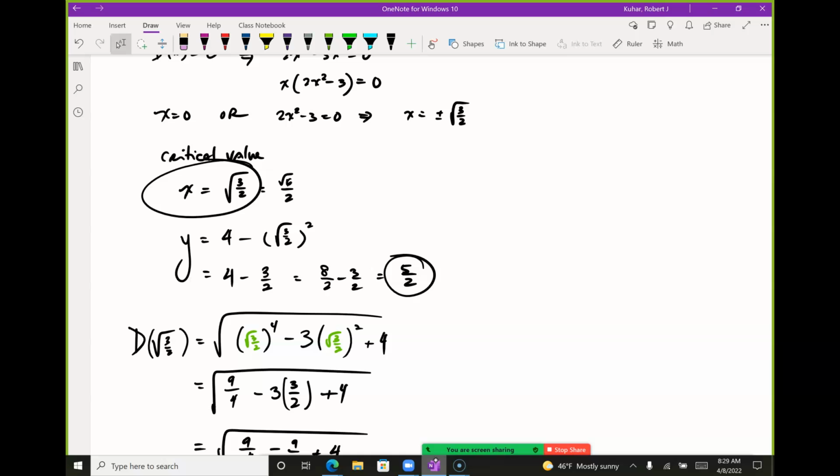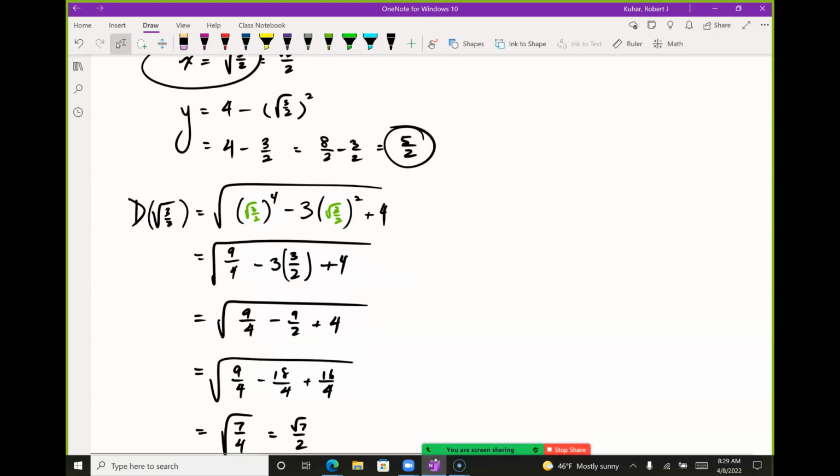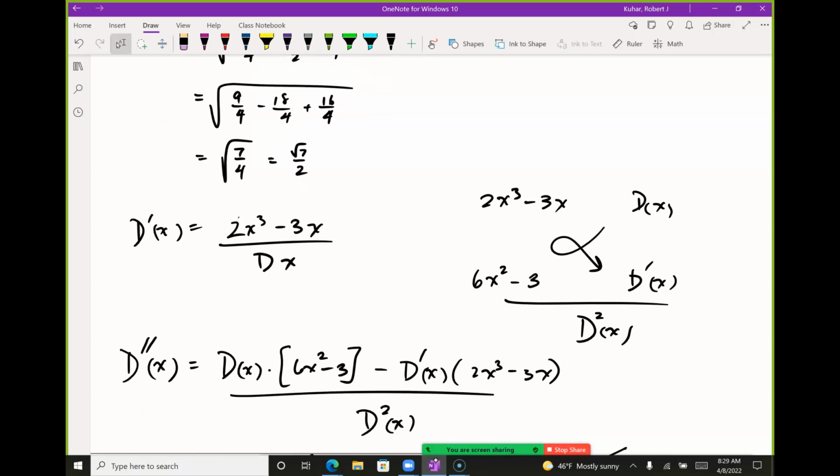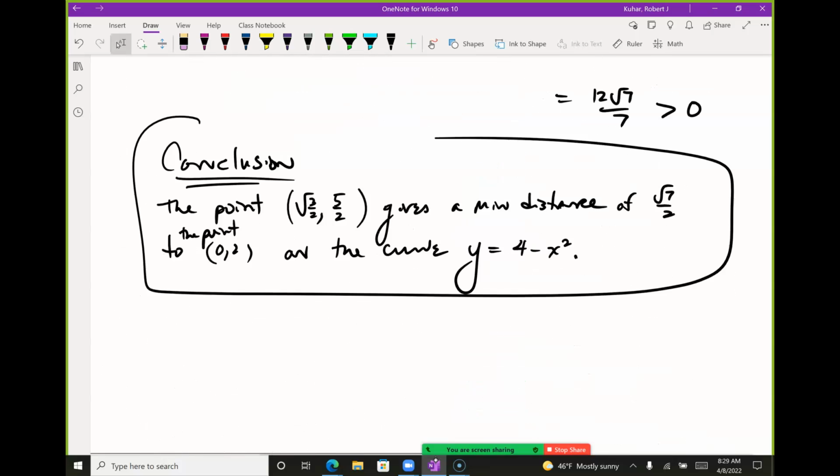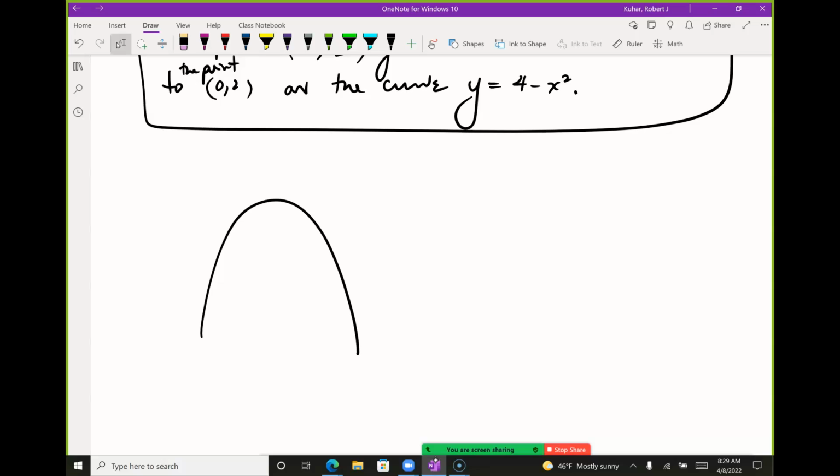Okay. Nice. Also, for the second derivative, if it was negative, does that mean the distance was wrong? Yes, that's a good point. We know the distance can't be maximized. So if I did get a negative out of it, I'm showing that it's a maximum, but we know that can't happen.